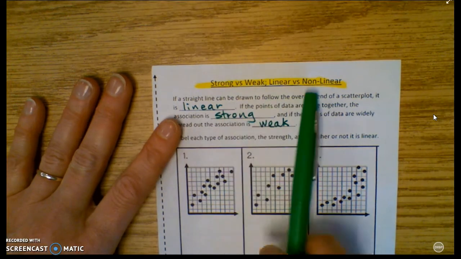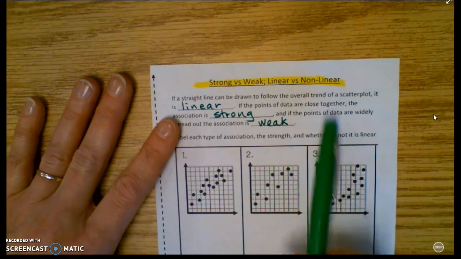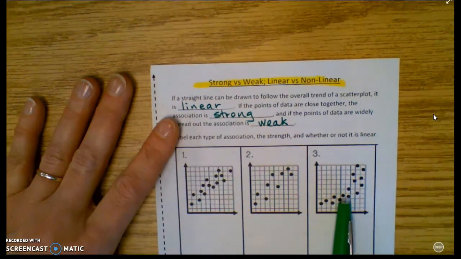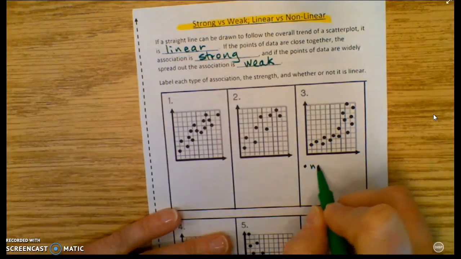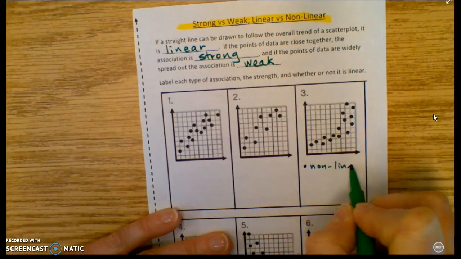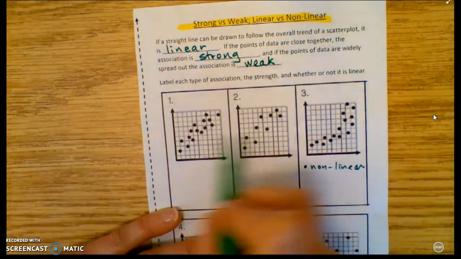Again, linear versus nonlinear. Nonlinear would be if you can't make a nice straight line. Maybe the points are curved, like in this example. So over here, we're going to say that this one right off the bat is nonlinear. If we were to connect those points, we really wouldn't end up with a good straight line between them like we could with these.